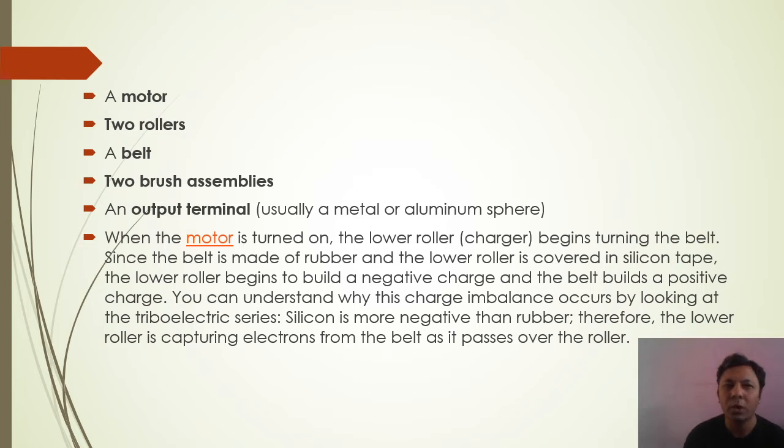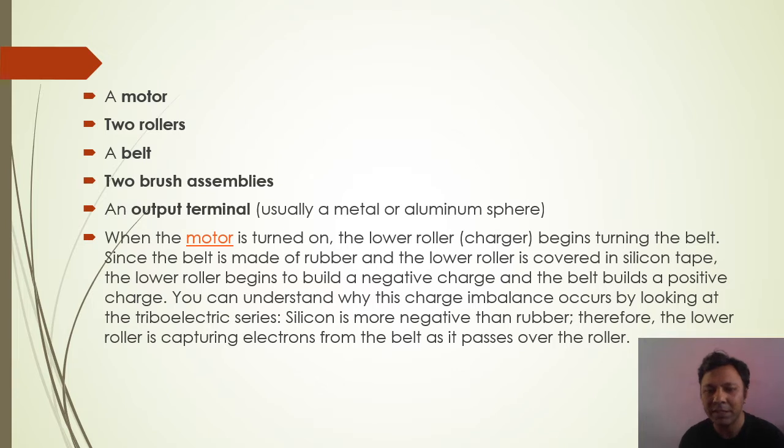Motor, two rollers, belt, two brush assemblies, and the output terminal. When the motor is turned on, the lower roller turns the belt. The belt is made of rubber, and the lower roller is covered in silicon tape. The main purpose is that the roller is rubbed on a negatively charged material.